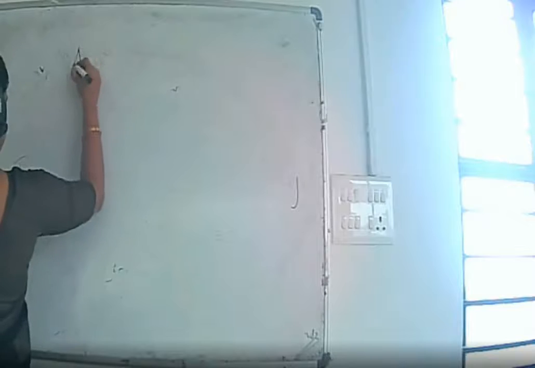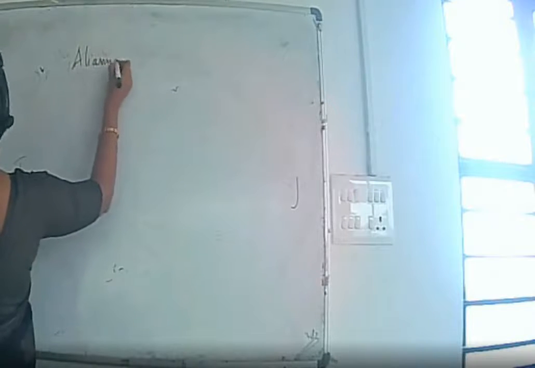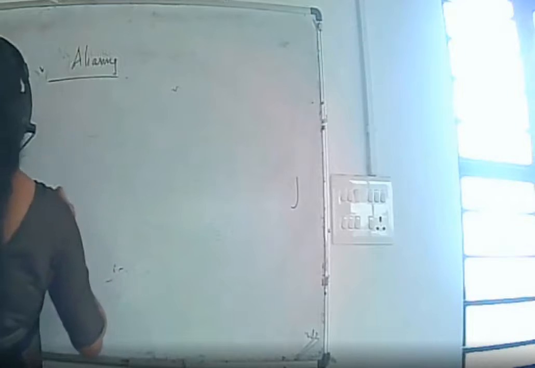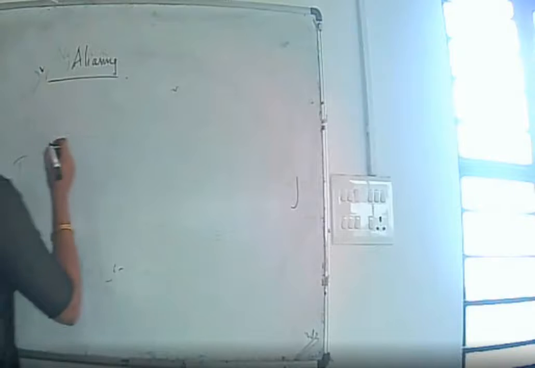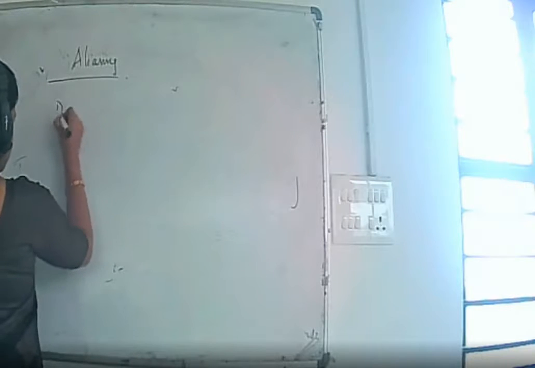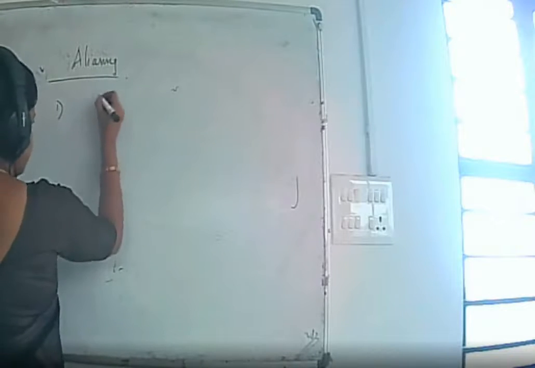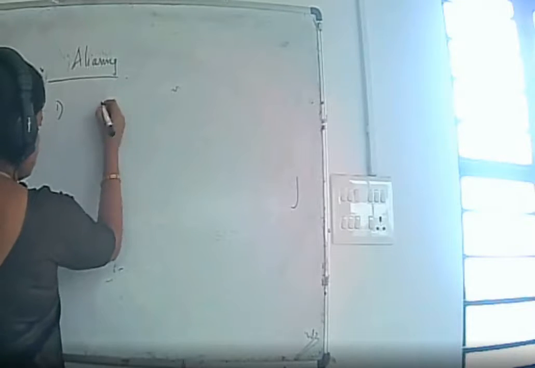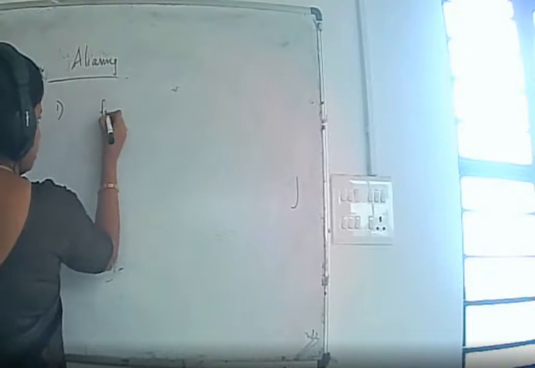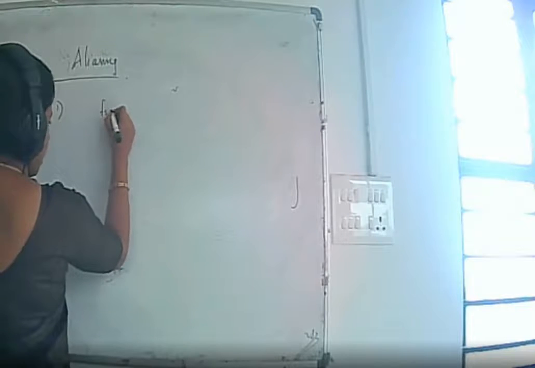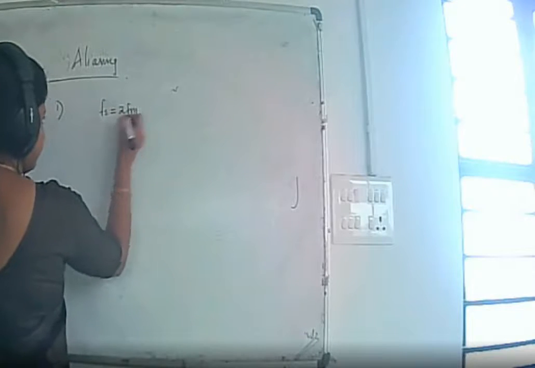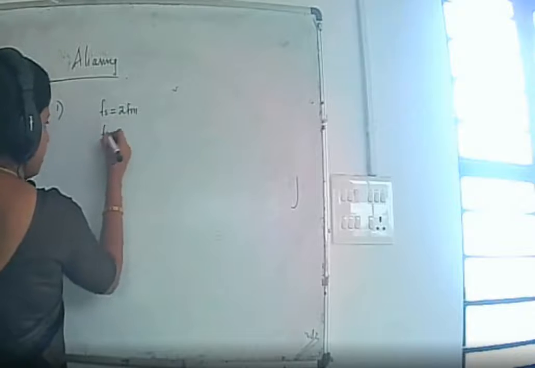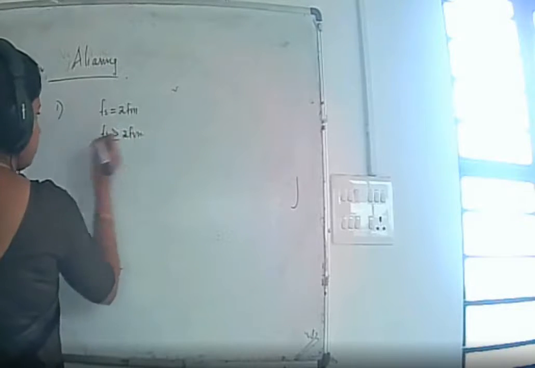Now we will move on to the next topic, that is aliasing. There are 3 cases that we have to consider while sampling. The necessary and sufficient condition to be followed is that Fs should be greater than or equal to 2 Fm.